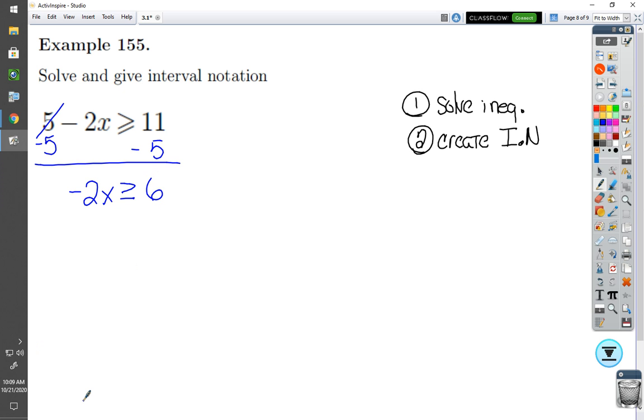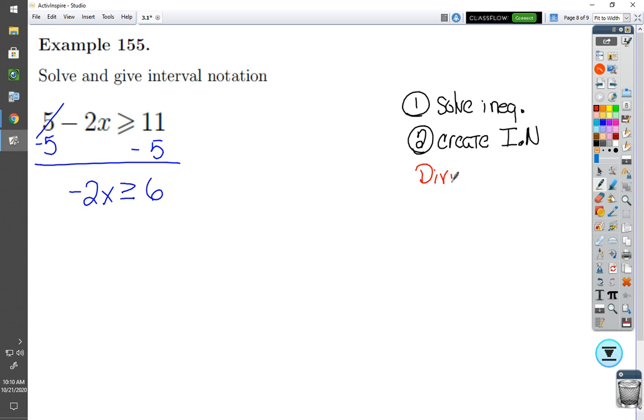Somebody remind me what happens when you divide an inequality by a negative number? Something special happens. Something happens to the inequality sign. Something happens to that greater than sign. It flips.